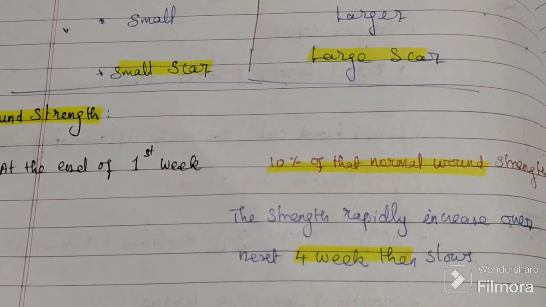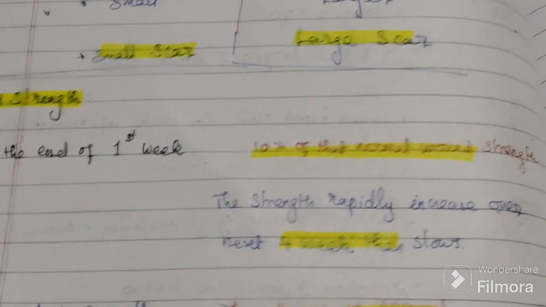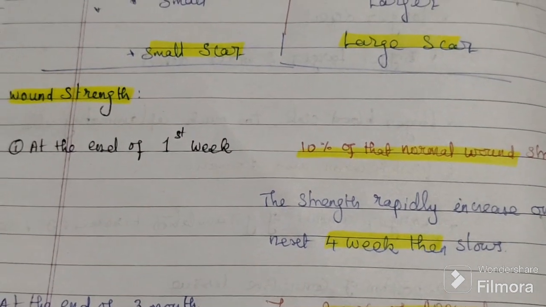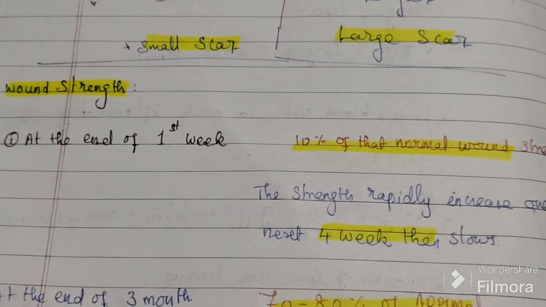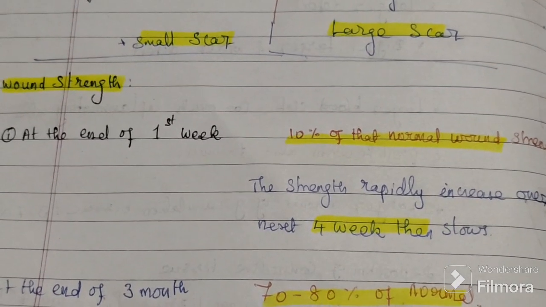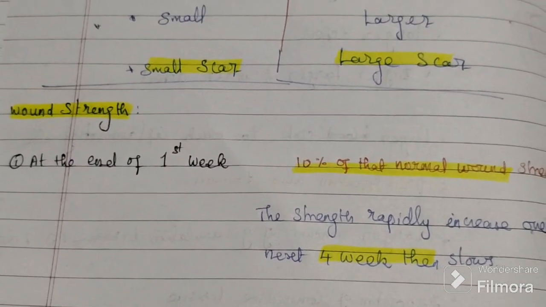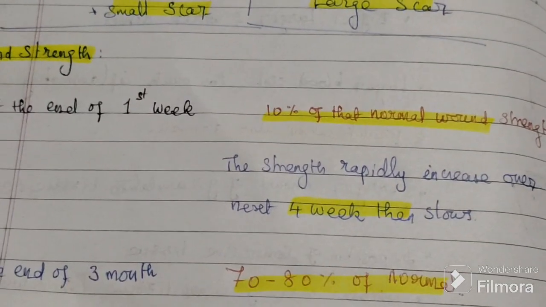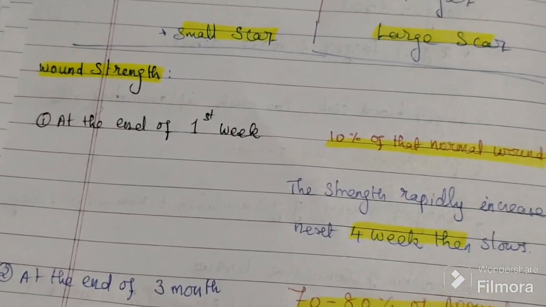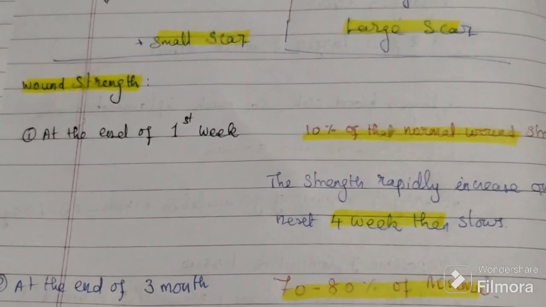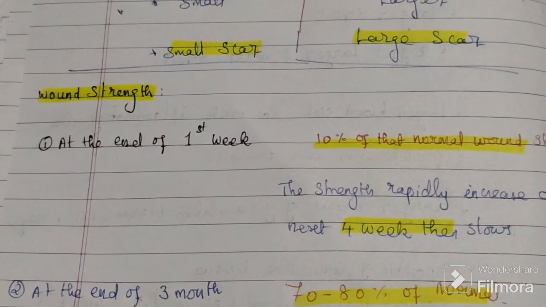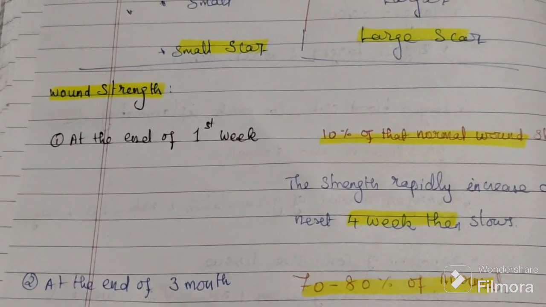Only 10% of the normal wound strength, which rapidly increases over the next 4 weeks. Then it slows down at the end of 3 months.